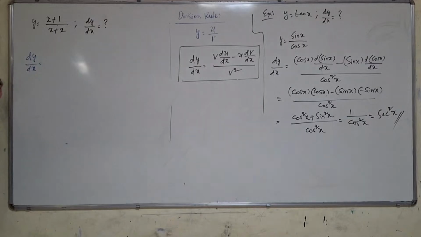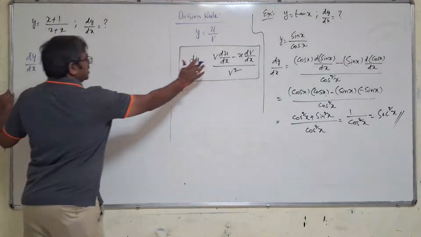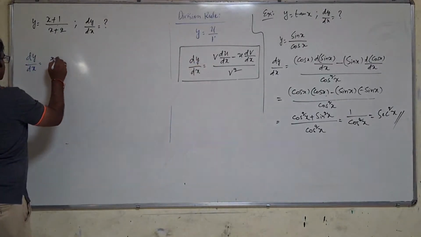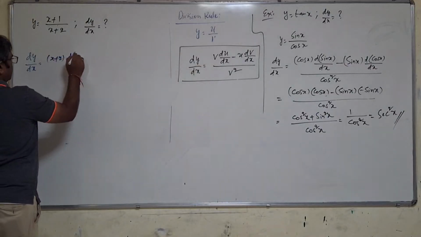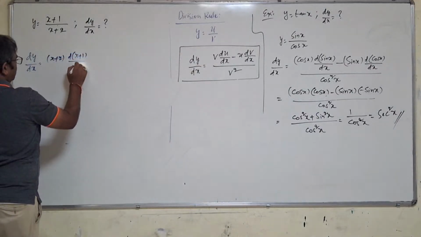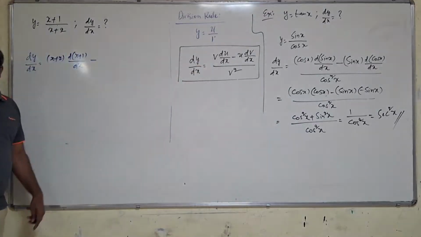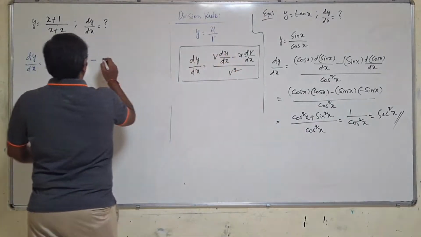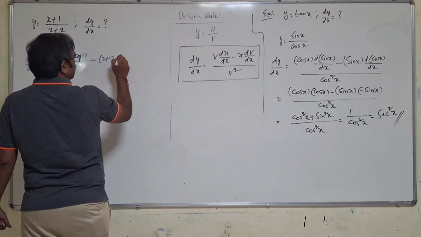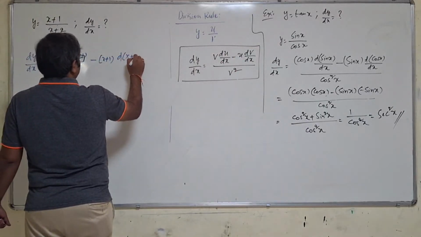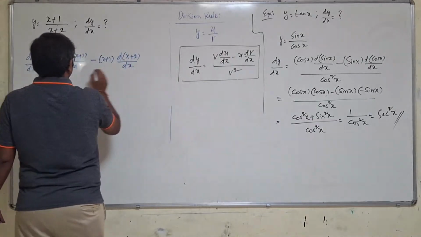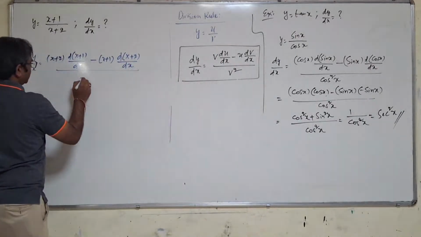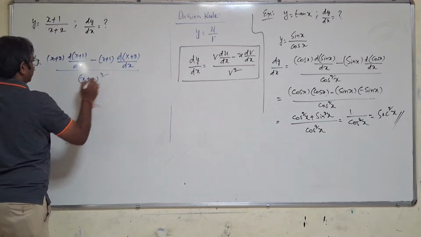So dy/dx is equal to, what is our v? x+2. What is our u? x+1. minus u x+1, v x+2 by dx by v square, x+2 whole square.